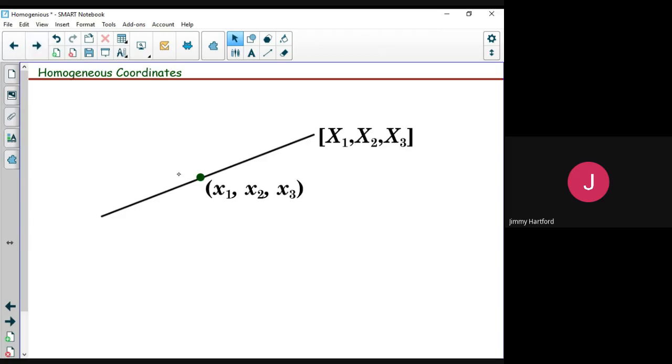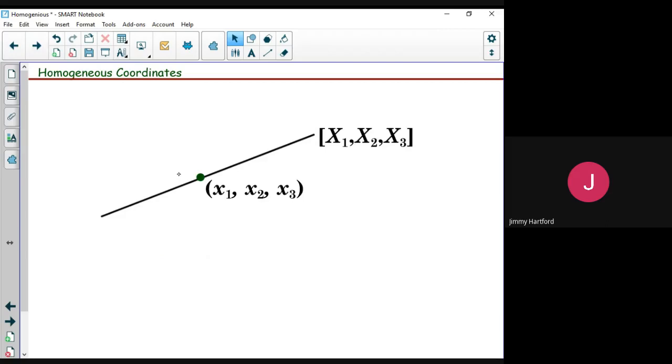We're going to swap to lowercase variable names for the points and capital for the lines. The lines will be in brackets, and the points are going to be in parentheses. Other than that, there's not a lot that's special about these three numbers. They're just three numbers such that they're not all zero.